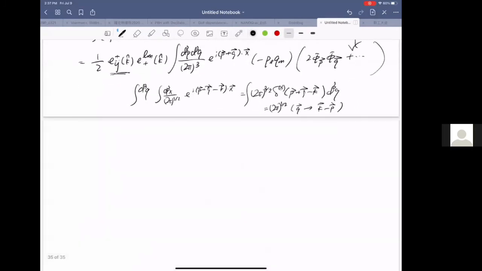And the key point is that this e_lm times the p_l and the (k minus p)_m is this.